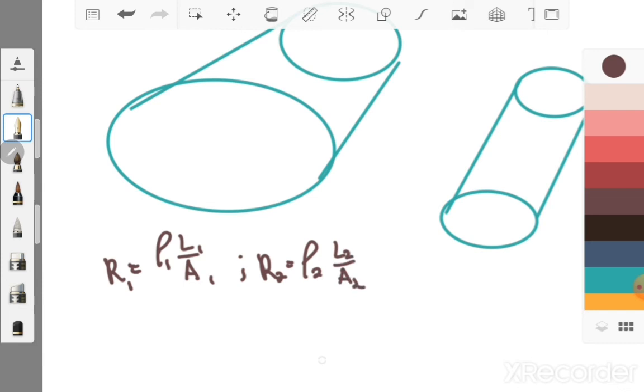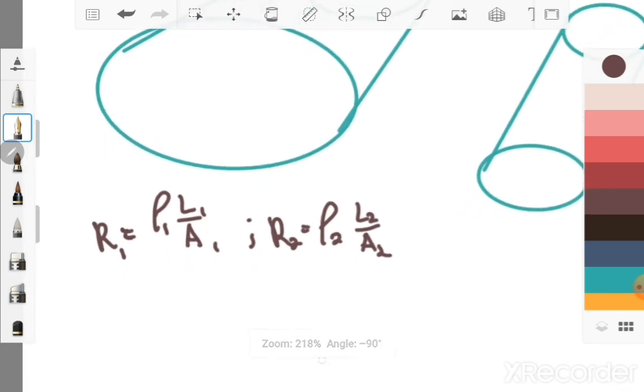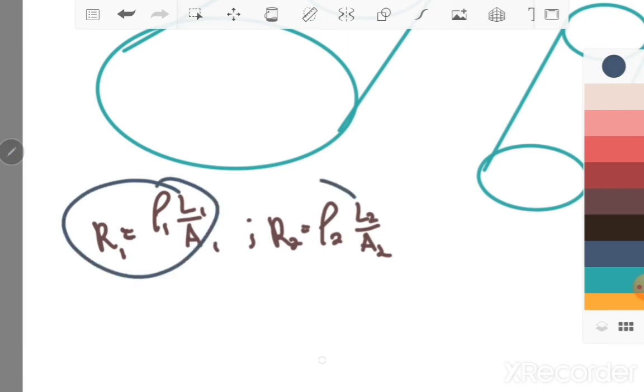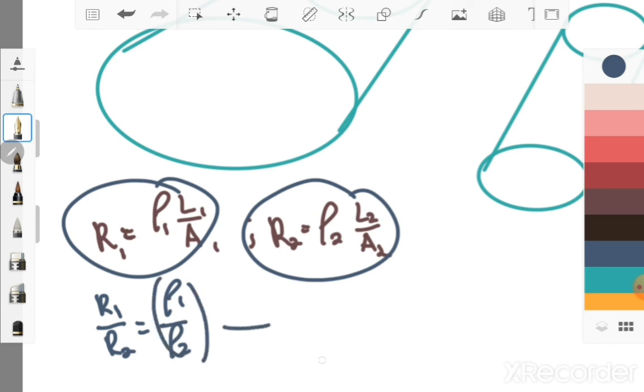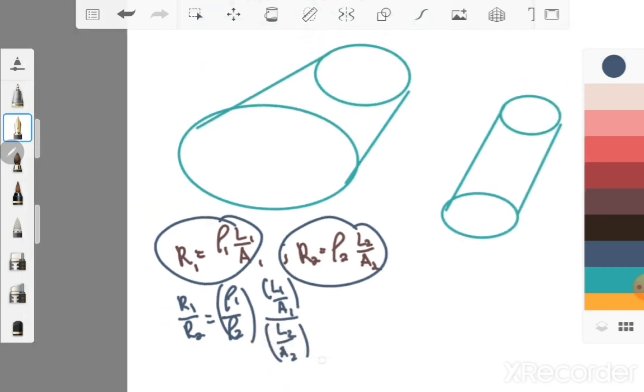Dividing equation 1 by equation 2, we have R1 over R2 is equal to rho 1 over rho 2 multiplied by L1 over A1 all over L2 divided by A2.